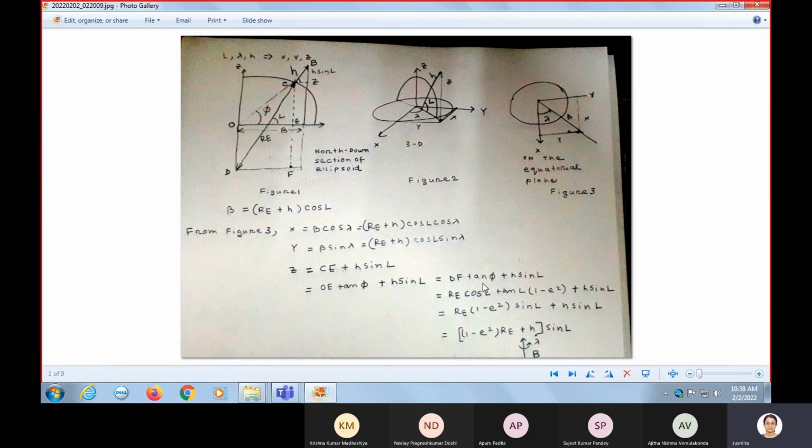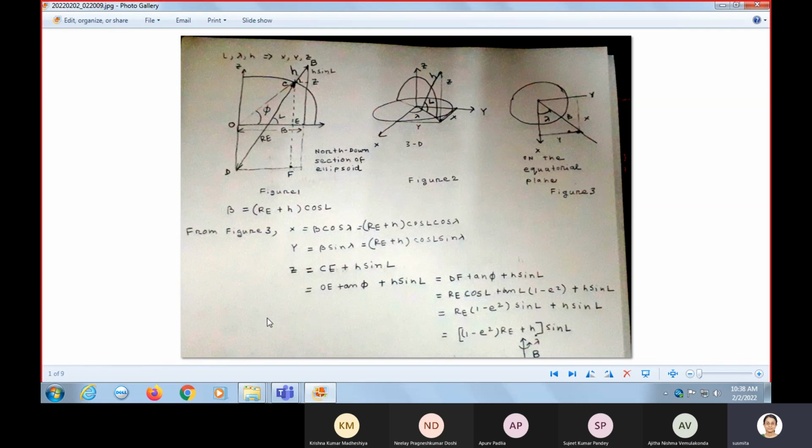Then substitute for tan phi. We already noted the relationship between phi and L. So tan phi we can write as tan L times (1 minus E square). So cos L tan L gives sin L, and then Z is equal to (RE times (1 minus E square) plus H) sin L. So this is the final formula.